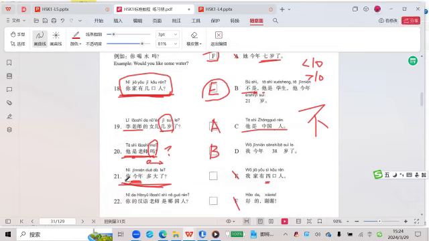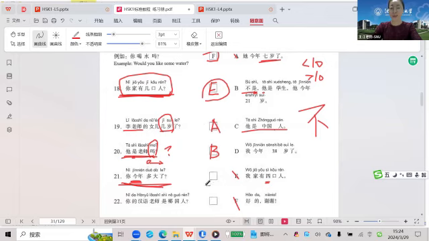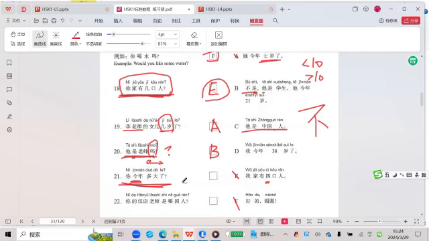How old are you this year? Yes, right. Okay, what is the option? What is the answer for the question? D.